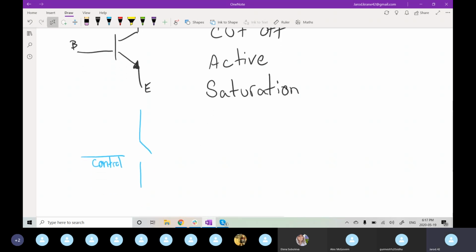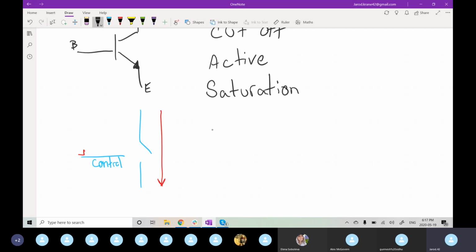So current wants to flow from collector to emitter, and only with the activation on the base pin can we achieve such a behavior.